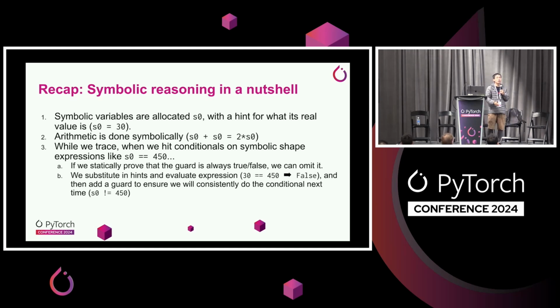And then when I'm tracing, if I have to answer a question about whether the sizes match, or am I bigger than 20 or less than 20, all I need to do is generate a guard, and the guard is computed off of the real values. I take my real values and put them into the expression. I see, oh well, 30 doesn't equal 450. So S0 equals 450 should be false, and that's the guard, and I go ahead and keep going.